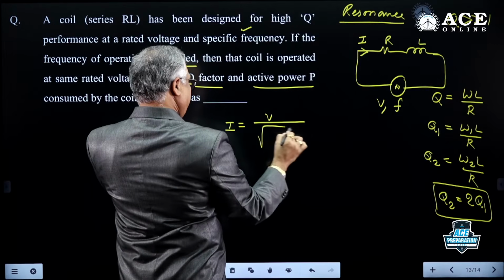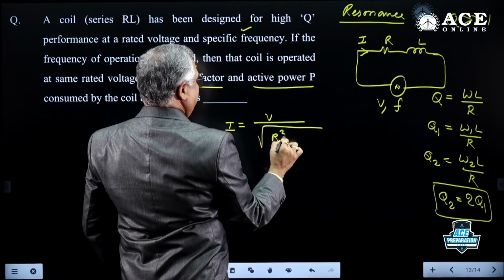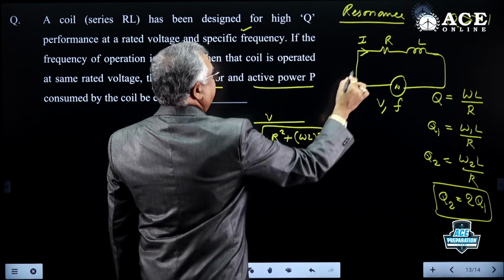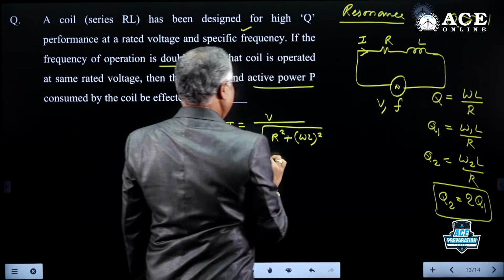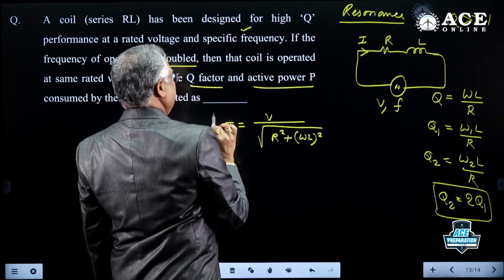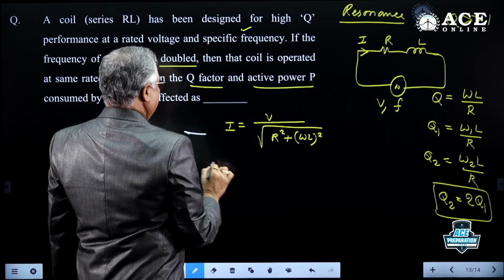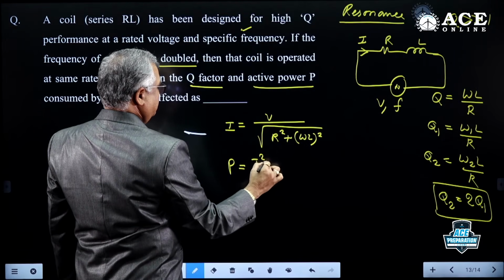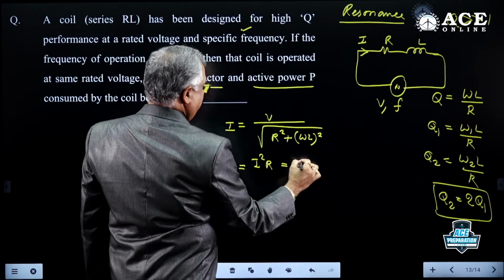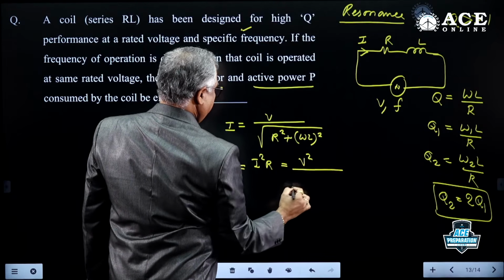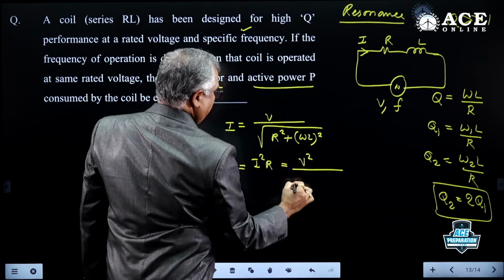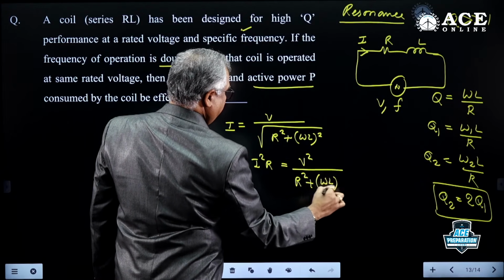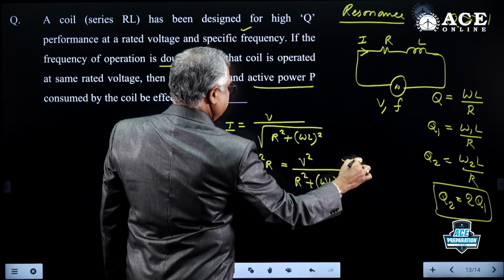V by root of R square plus omega L square, because Z is nothing but R plus j omega L. The magnitude of this, the ratio will give current I. But we want power. Power is nothing but I square R. So what is I square? V square by R square plus omega L square, into resistance R.